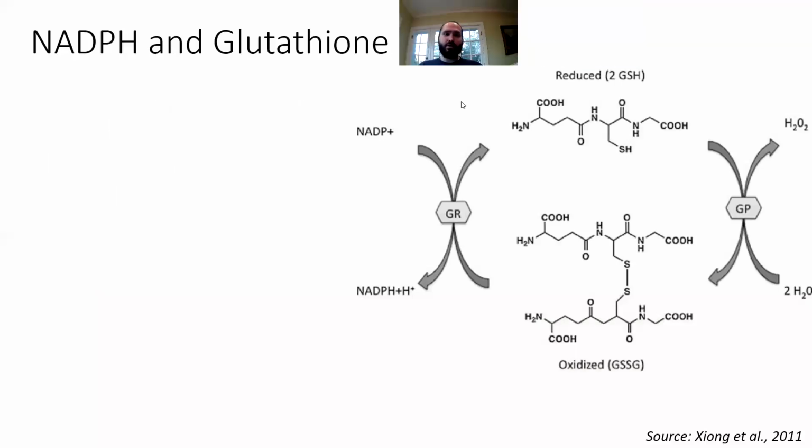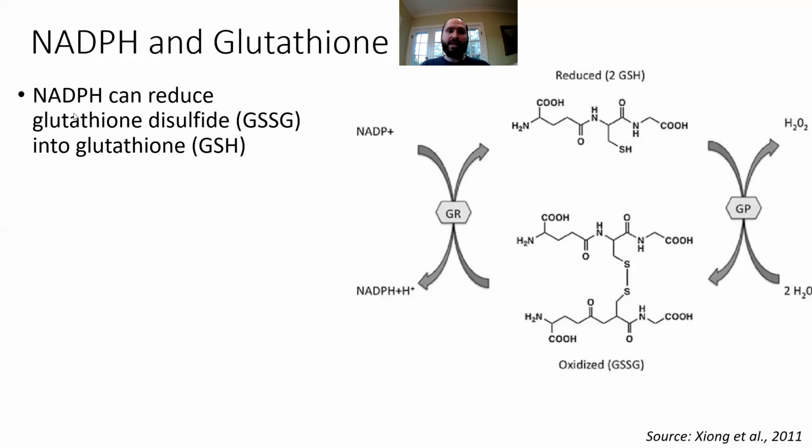Okay, so NADPH and glutathione. NADPH, being a reduced electron carrier, can then go ahead and reduce other molecules. In this case, we can reduce glutathione disulfide, which is this one, into glutathione, which is this one.